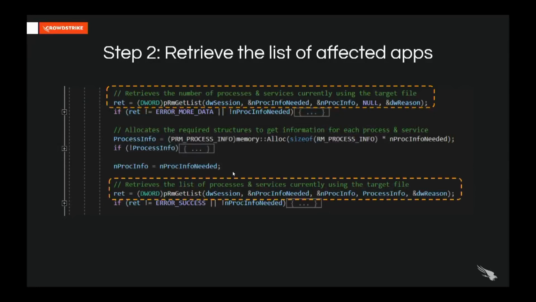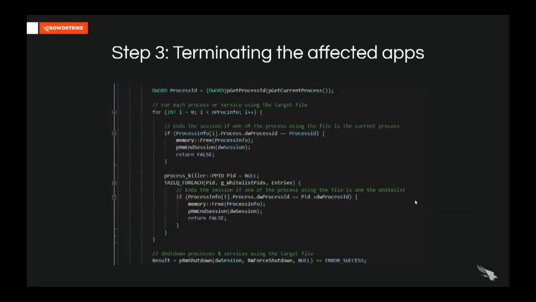And they perform a second call to RmGetList to this time retrieve the actual information about the affected applications. Afterwards, they process this information and they check that the affected application, so the application blocking a potential file to encrypt, wasn't the process itself, because it'd be too bad to end the ransomware itself, nor any of the Windows processes that couldn't be terminated anyway.